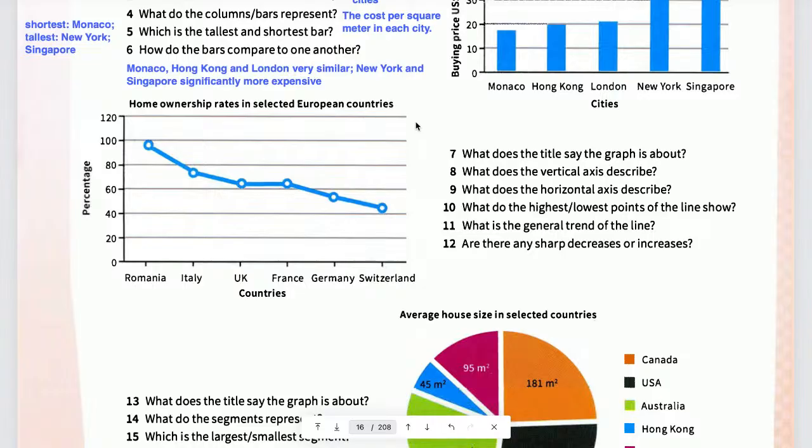Yes, it is the home ownership rates in some European countries. You are just saying almost exactly the same thing again. The percentage of the people that own their own home in some European country. First of all, the word rates, what does that mean?